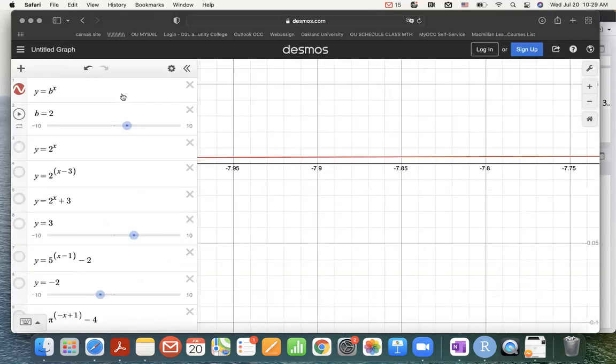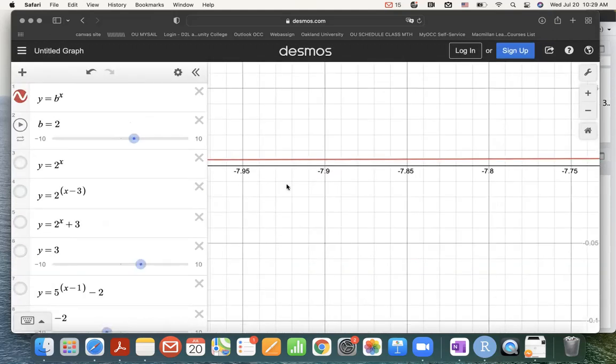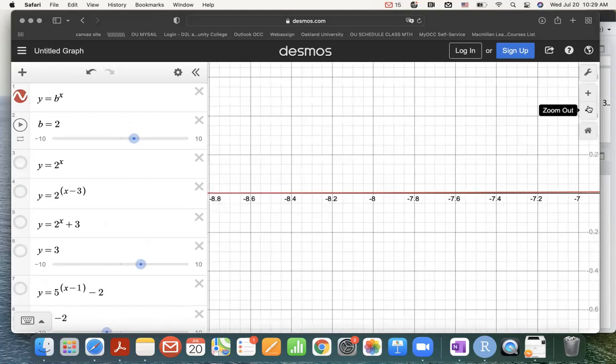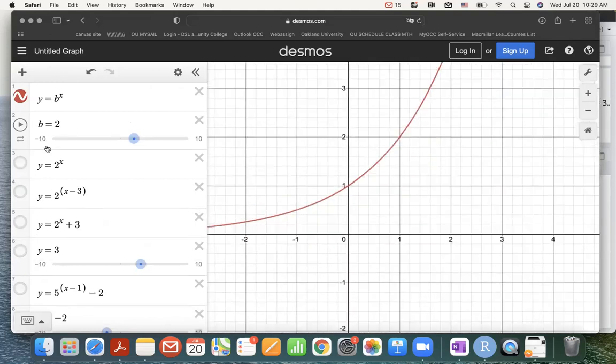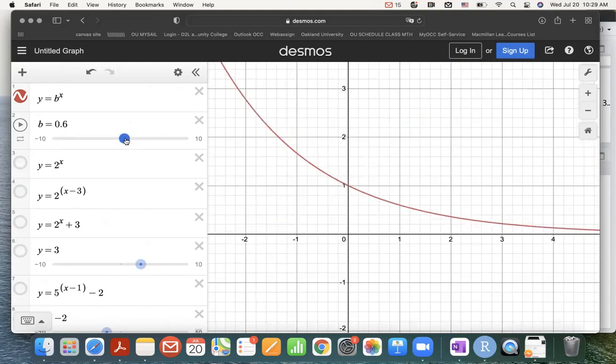Zoom out so I can see the whole thing. Okay, so if b is less than 1, you can see it's changing. Now it's decreasing, right? If b equals 0, 0 to the x is 0.